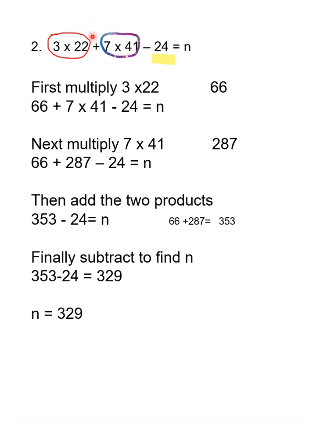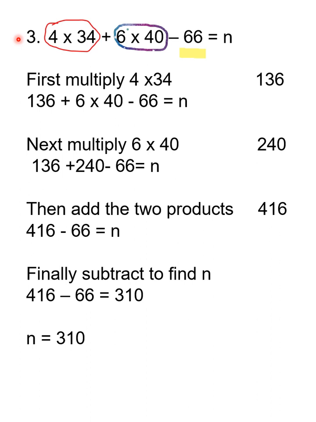Now we have to add. Then add the two products. Well, 66 plus 287 is 353. So it would be 353 minus 24 equals n. Finally, subtract to find n. 353 minus 24 is 329. N equals 329. All right? All it was is step by step by step. I multiplied, I added, I subtracted.